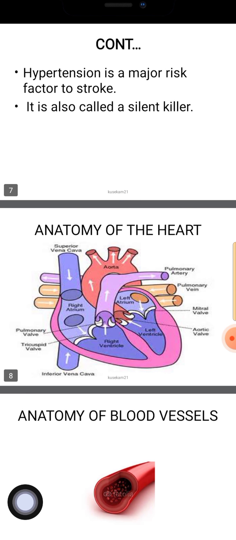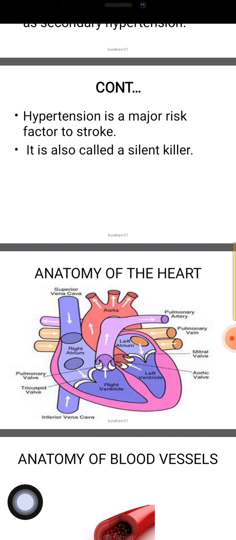hypertension now. Hypertension is a major risk factor for stroke. It is called a silent killer. When there is an elevation or sustained high blood pressure, some vessels which transport blood to the brain may be ruptured because of the pressure.